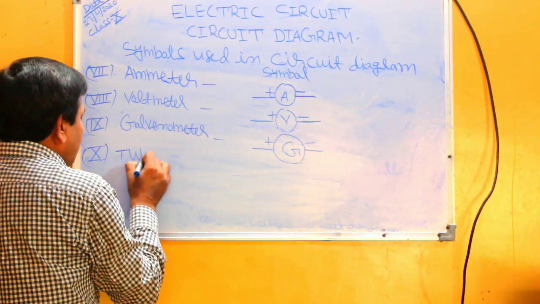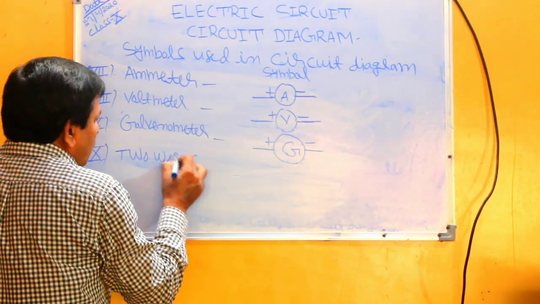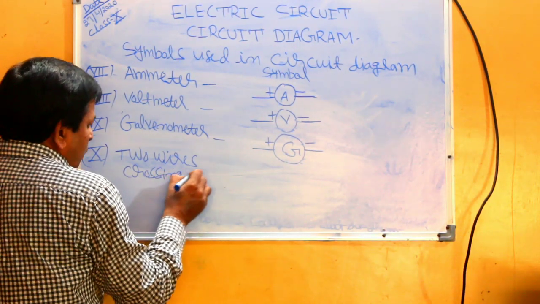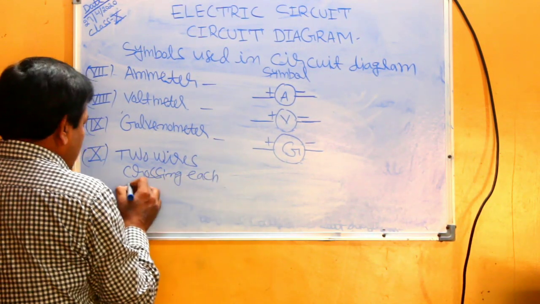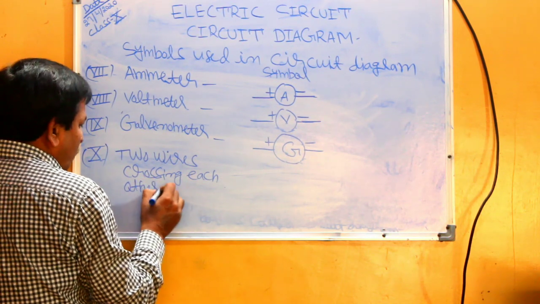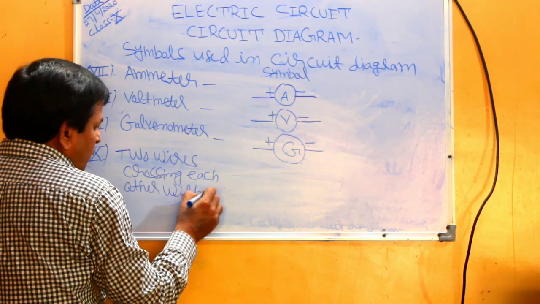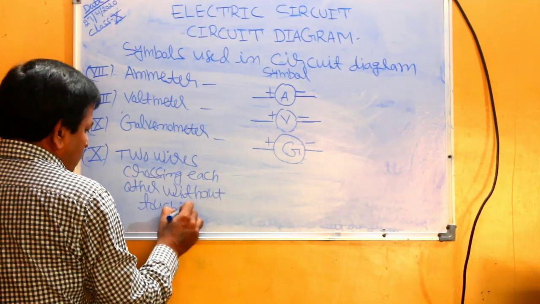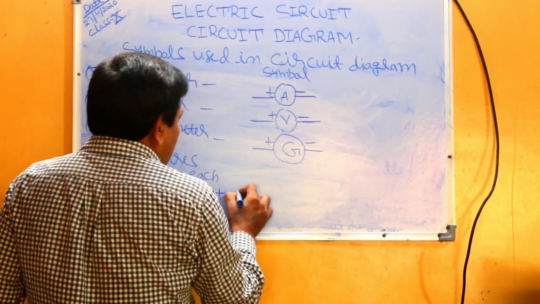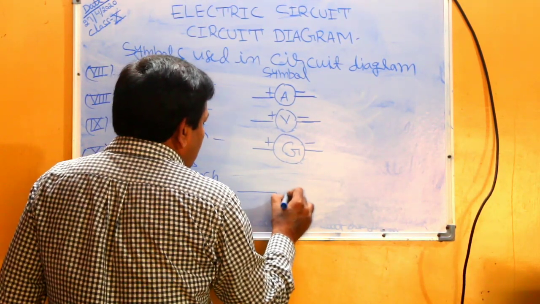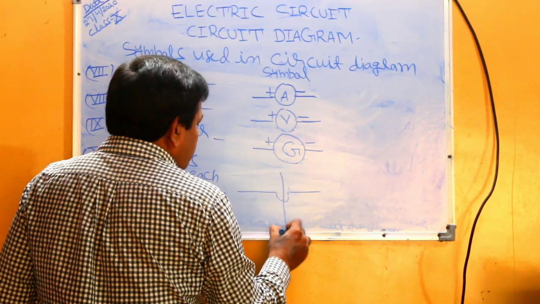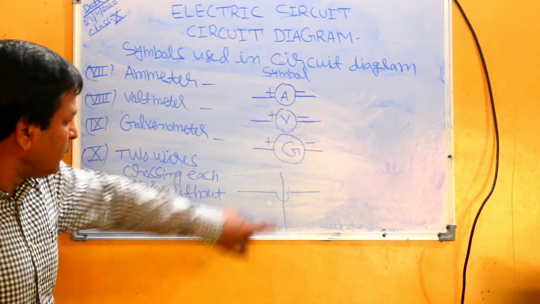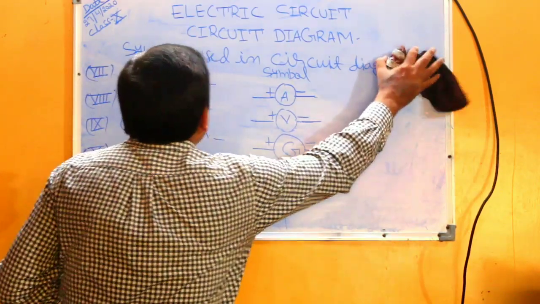Two wires crossing each other without touching, that will be like that. This is the symbol of two wires crossing each other without touching.